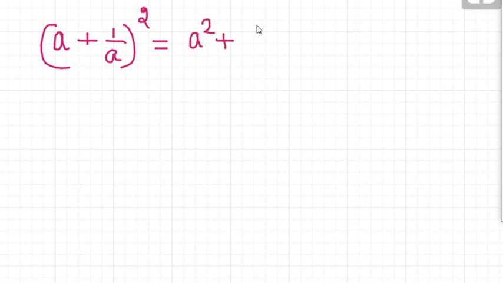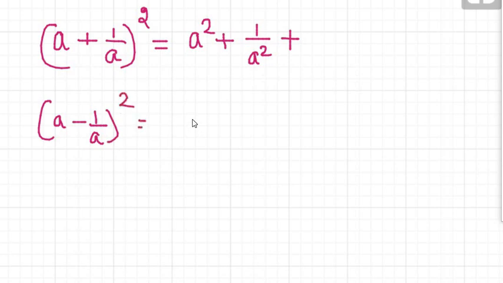What is A plus 1 by A whole square? This is equal to A square plus 1 by A square plus what? Tell me, what is plus? Similarly, A minus 1 by A whole square is equal to A square plus 1 by A square minus 2. This is plus 2 because A and 1 by A get cancelled.